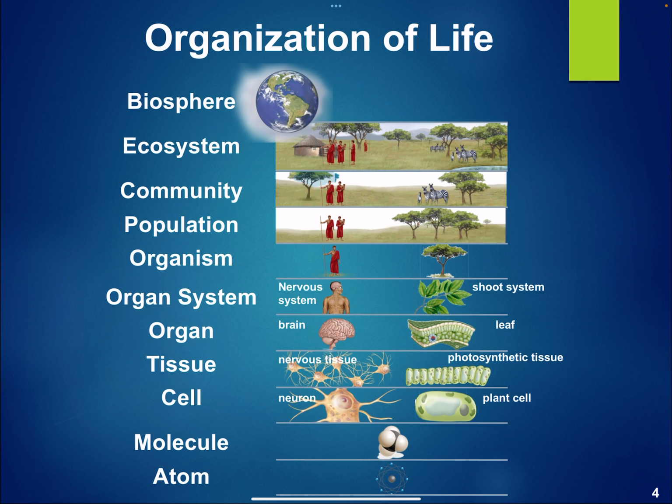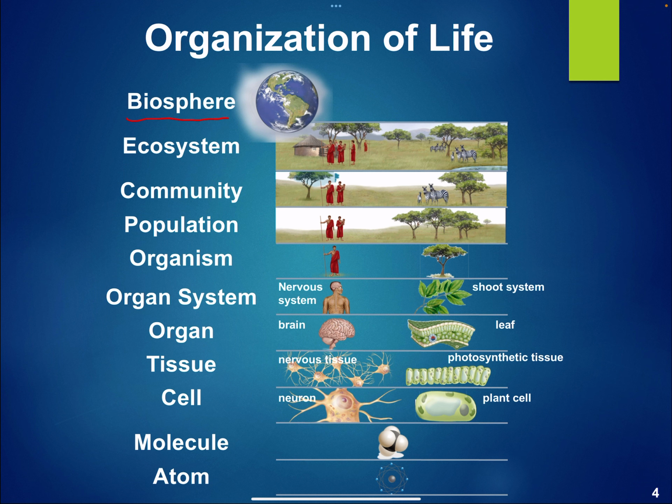When we look at living organisms and we look at the different levels of organization of life, we can look at life on a size scale basis from the very smallest component to the largest component. The largest component, the most inclusive part of living systems, being the biosphere. The biosphere is everywhere life is found in the universe.